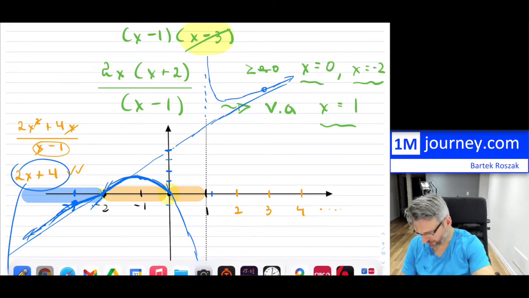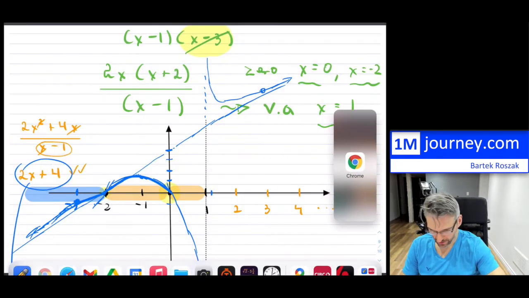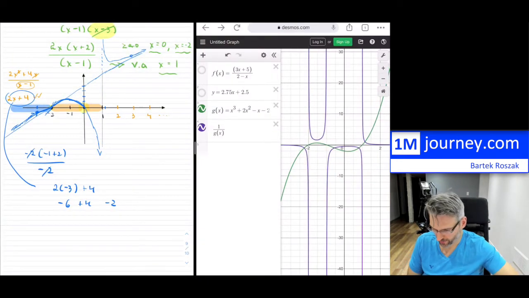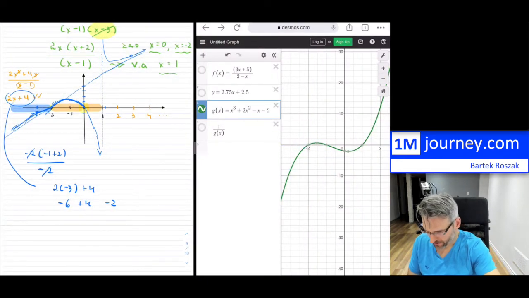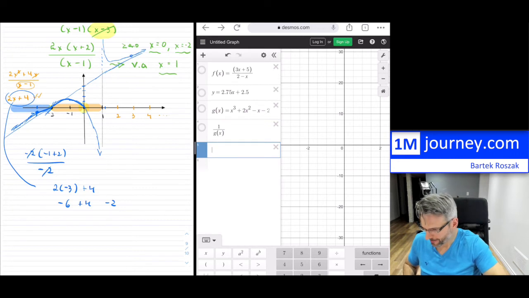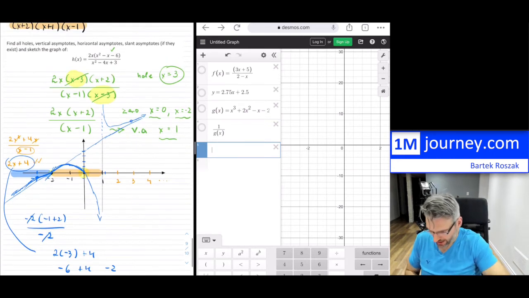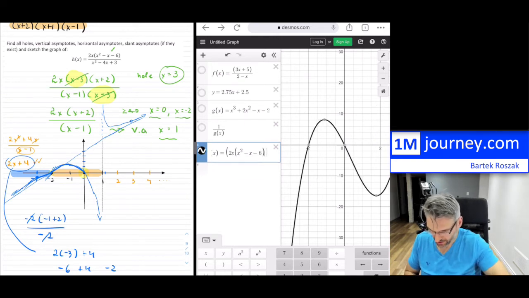I'm going to try to bring back decimals. Try to sketch it out for us. Close this down. And what do we have? So this is h of x equals, okay, 2x all over x squared minus x minus 6.